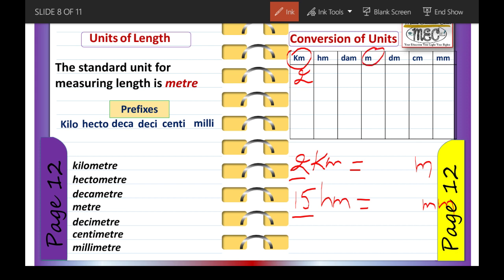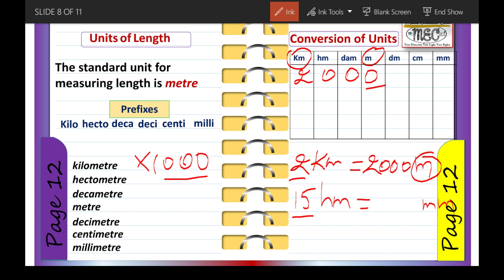From kilometer, as we said before, kilometer means times 1,000. How many zeros? We have 3 zeros. So we add zeros until we get to the asked unit. The asked unit is meters. So 2 kilometers are equal to 2,000 meters.